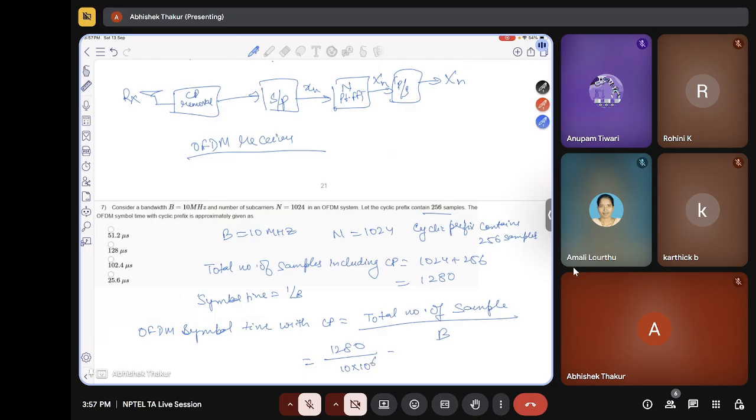So this will become 128 microsecond. So option number B is the correct answer for this question.